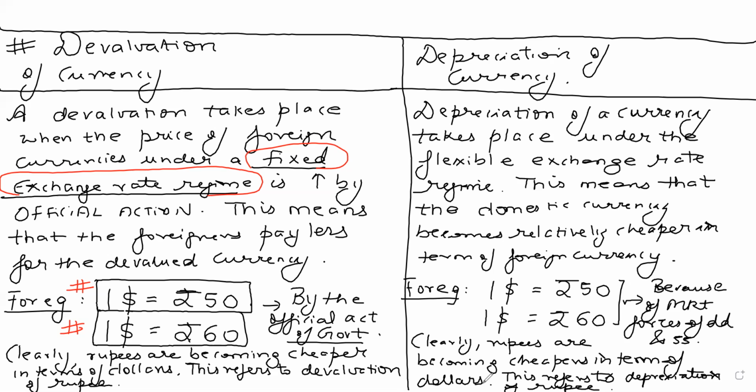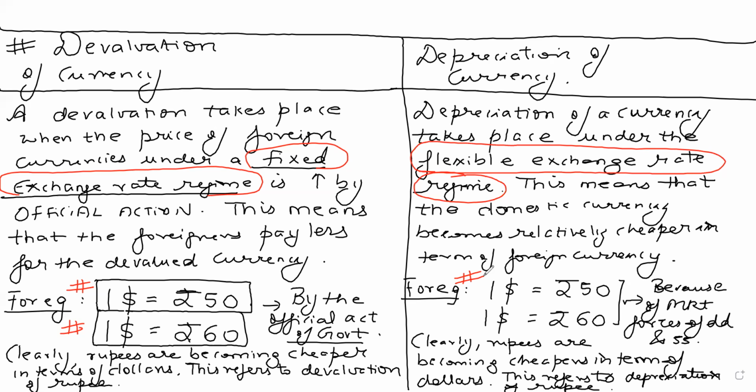Depreciation, on the other hand, happens under the flexible exchange rate regime, where the market forces of demand and supply and not the government cause the domestic currency to become relatively cheaper in terms of the foreign currency. We can have the same example in both the cases. But in the case of devaluation, it is happening because of the government.